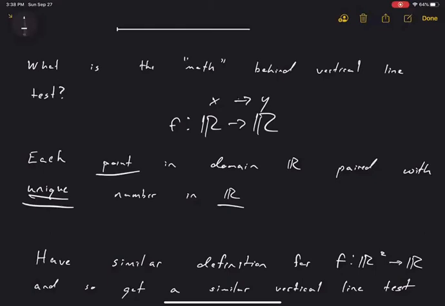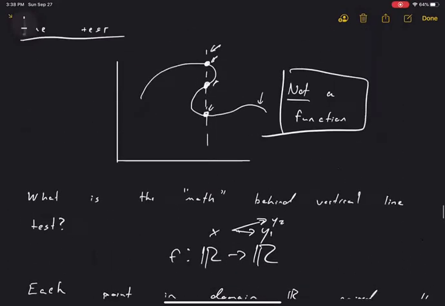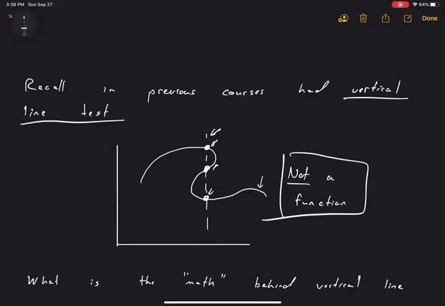I cannot take that X and pair it to Y and Z. Or, you can think of it as Y1 and Y2. Now I'm no longer pairing X with a unique Y, right? If I'm pairing it up with 2 different Ys, it's not a function. And that's what this vertical line test is saying. Your vertical line is along some X value.